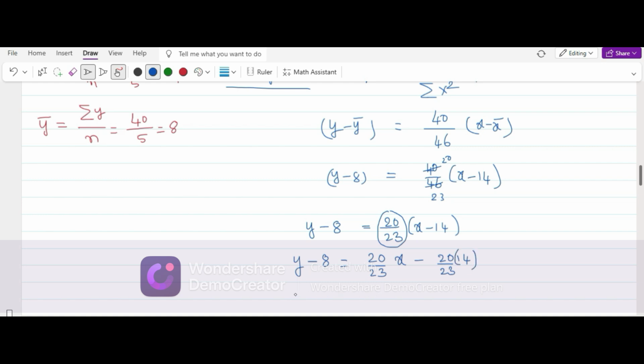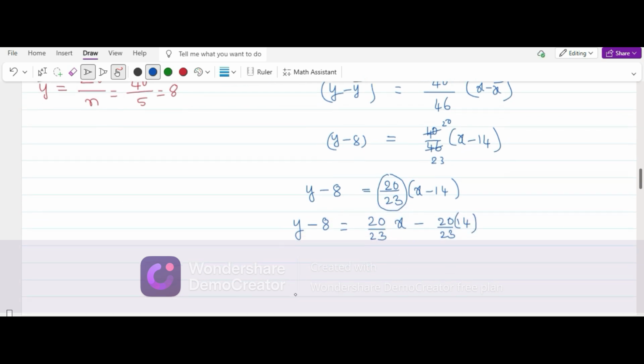Now let us shift this minus 8 to the right hand side. What happens? So y equals 20 by 23 into x minus 20 into 14 divided by 23 plus 8.